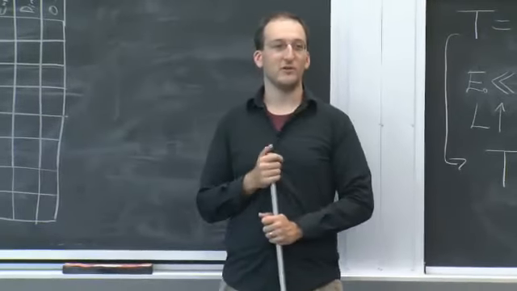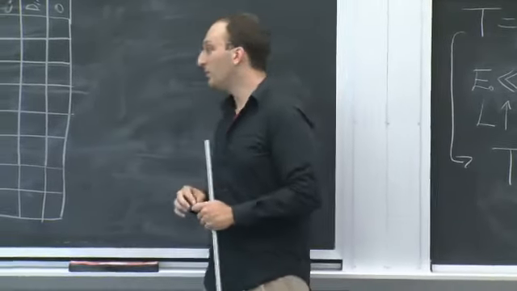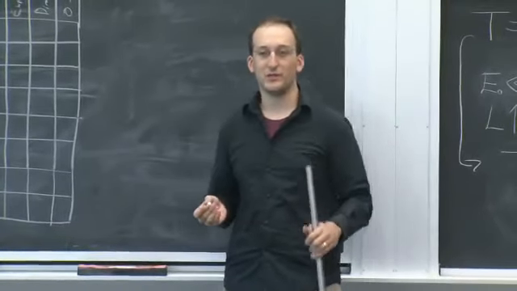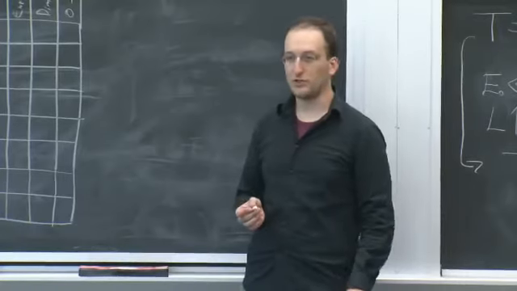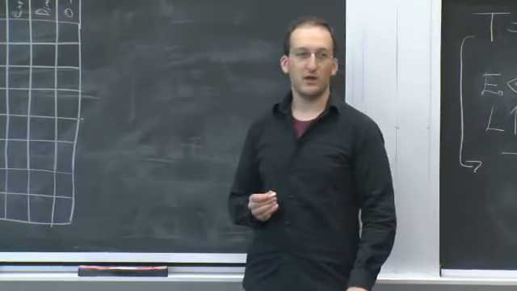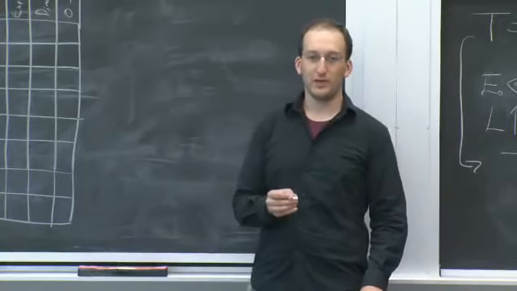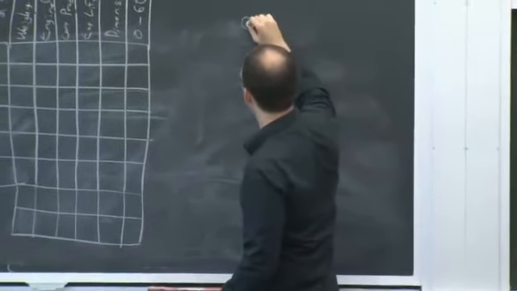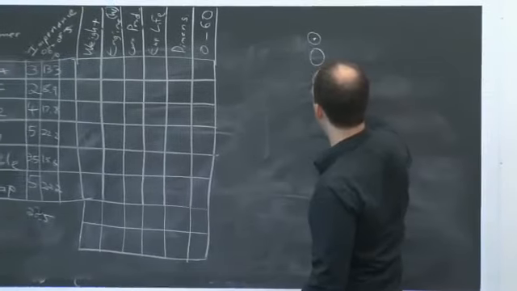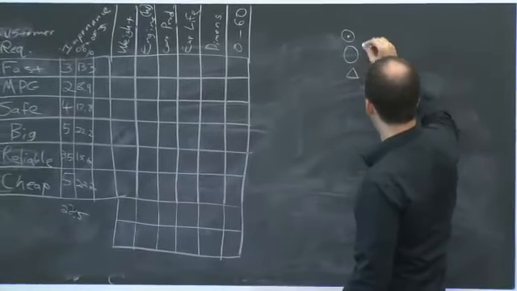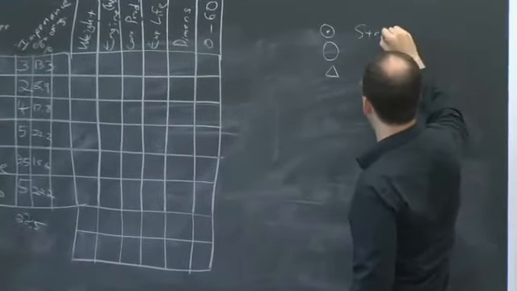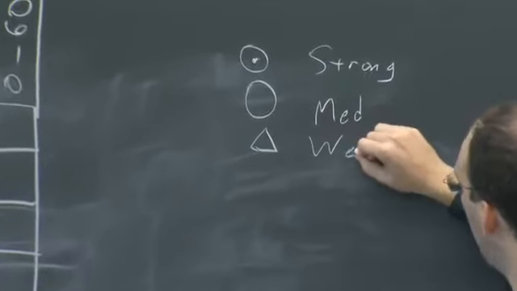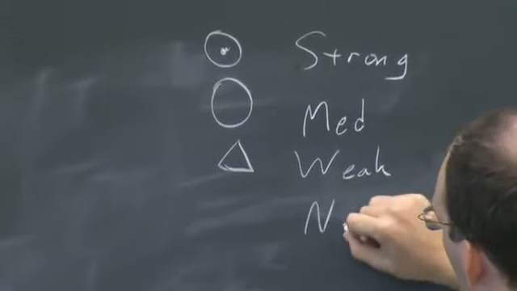The first thing you've got to do is agree on a scale. A scale from 0 to n with as many gradations between as you want. What tends to show up in a lot of the templates are strong, medium, weak, or no association. And I'll just use the same symbols as they do in the templates. Say this is strong, medium, weak, and none.